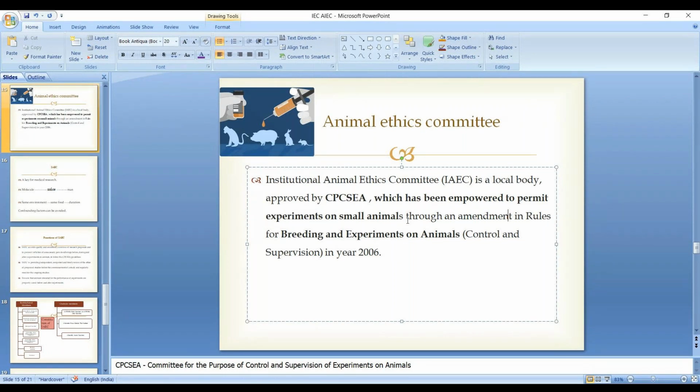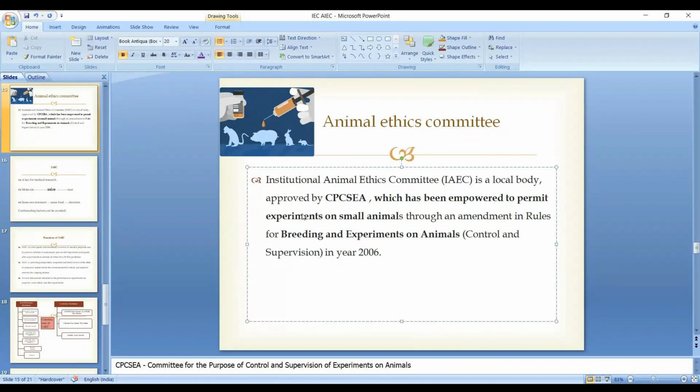Every ethics committee, though it is from the institute, has to be approved by the CPCSEA. Then this CPCSEA gives you the registration and permits you to conduct the experiments.